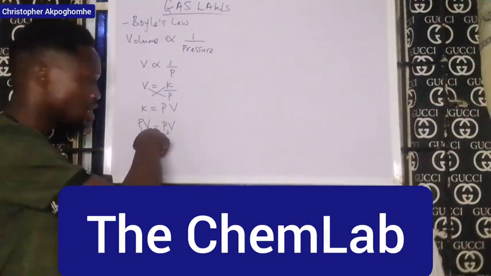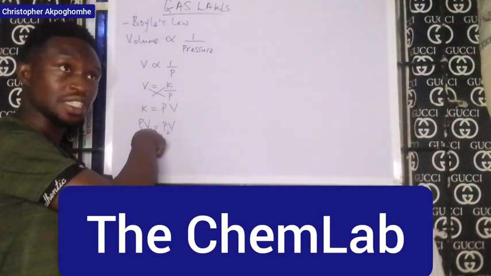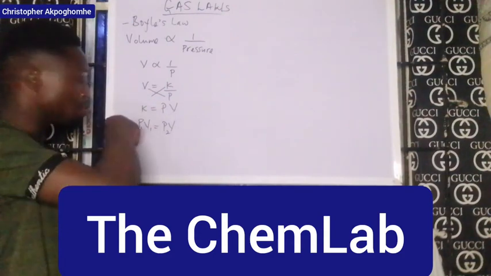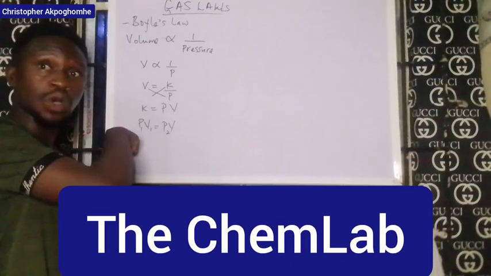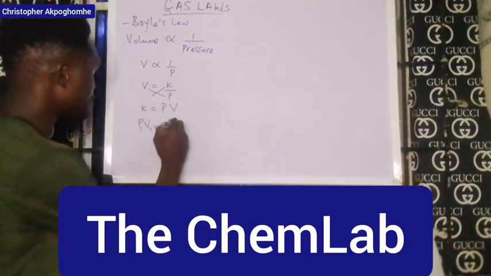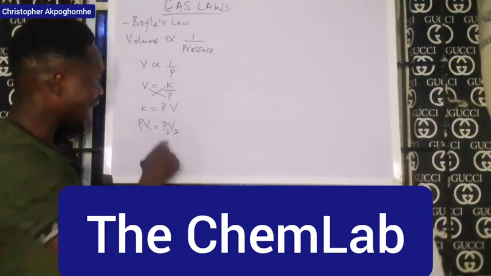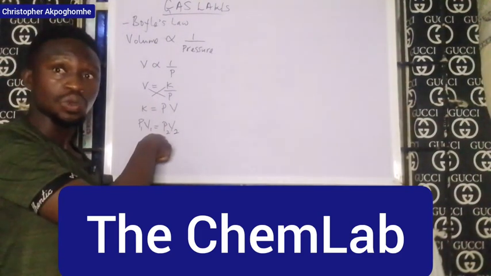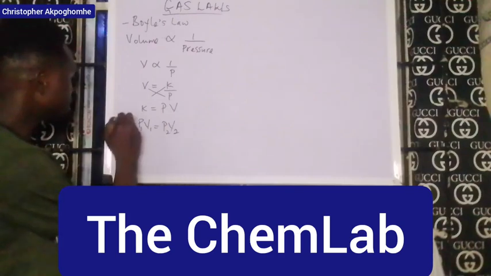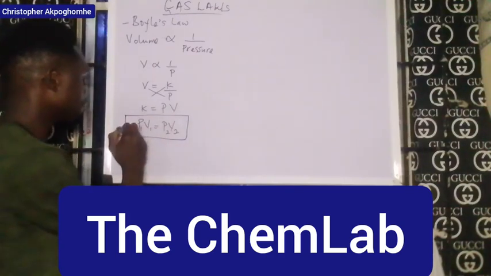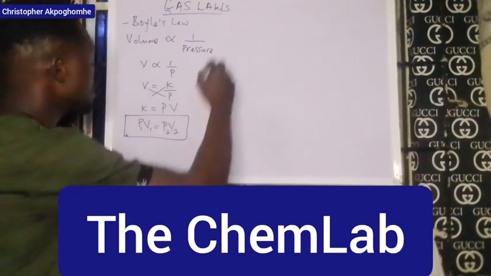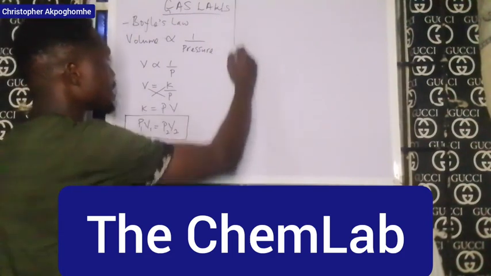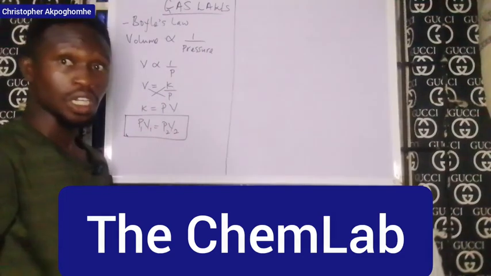That's why we now have a second pressure, P2. That is the pressure that it changed to from the original pressure. And then we have V2, which is the volume at that second pressure. So this is the mathematical expression for Boyle's law.